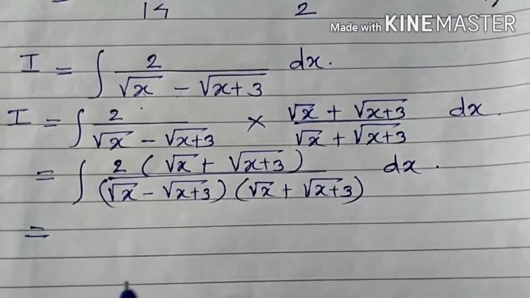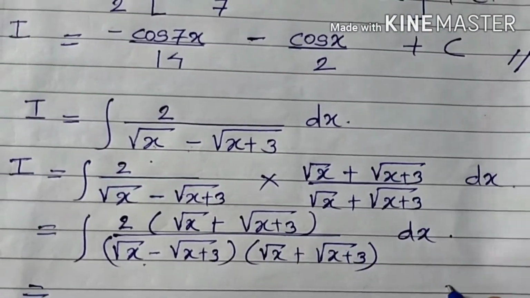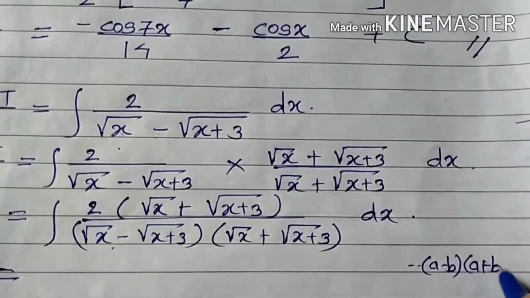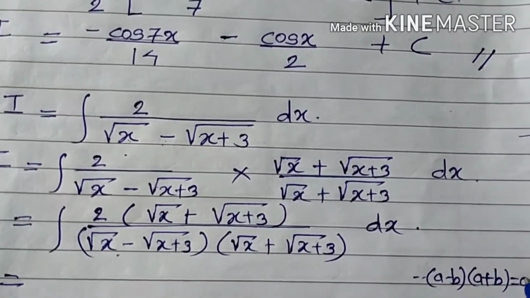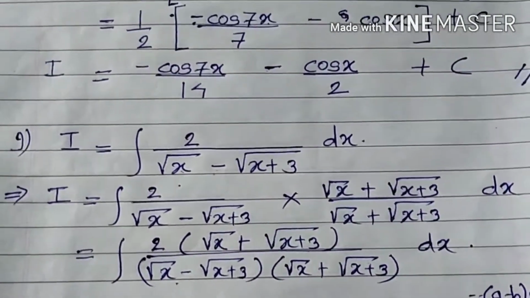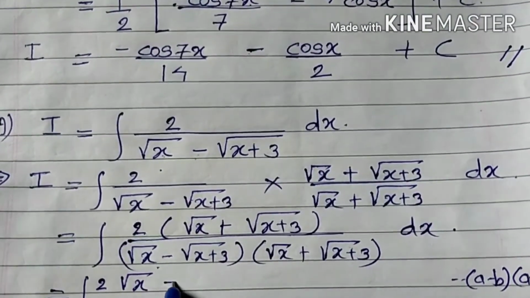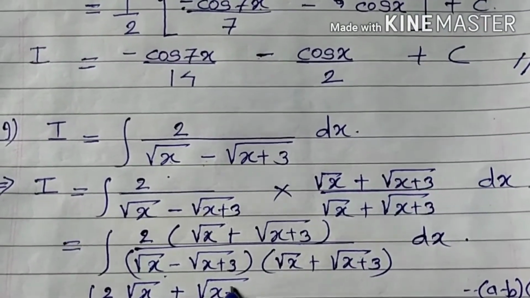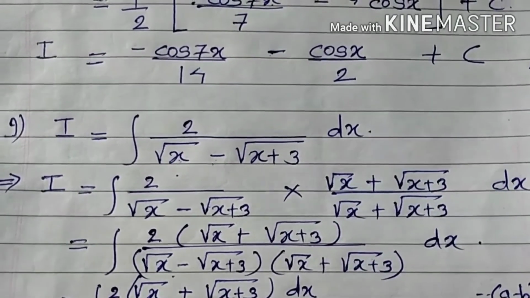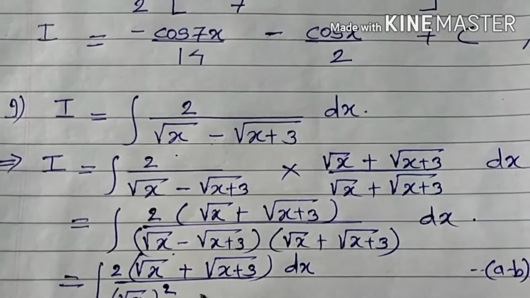Now use the formula (a minus b)(a plus b) is equal to a square minus b square.